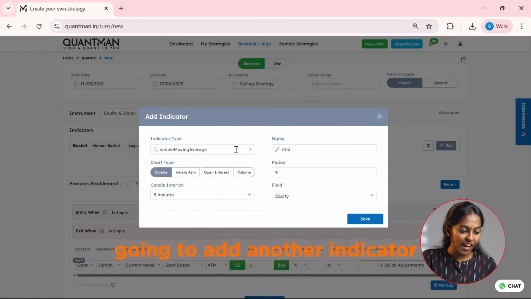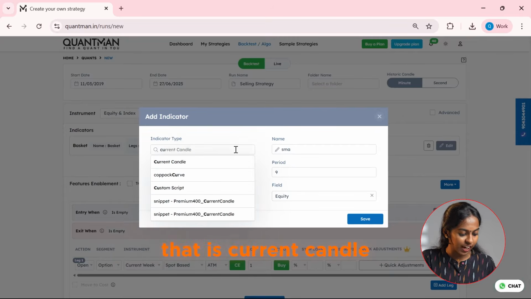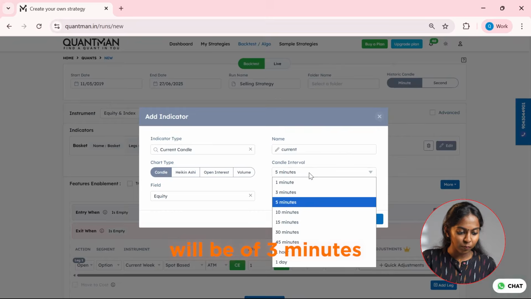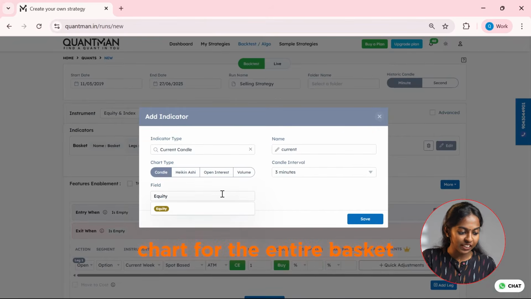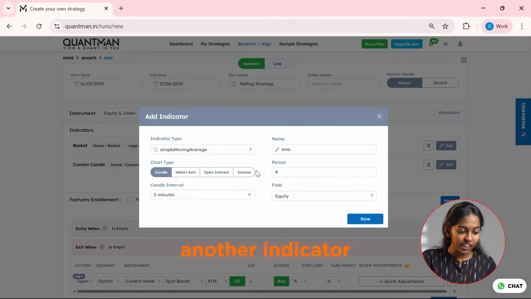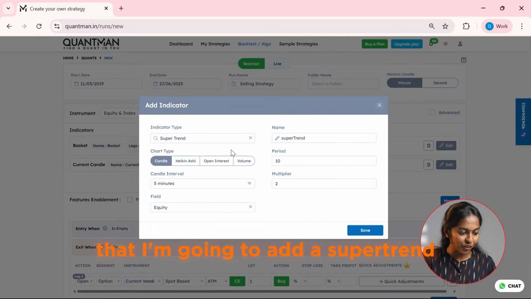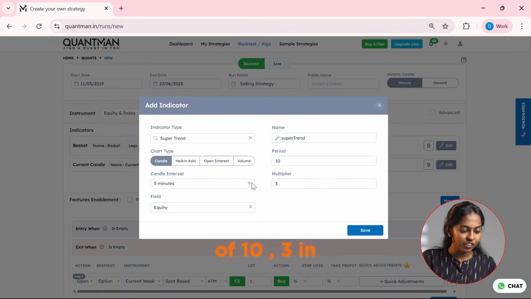And I am going to add another indicator, that is current candle. This current candle will be of 3 minutes chart for the entire basket. Another indicator that I am going to add is Supertrend of 10,3 in 3 minutes chart for the entire basket.